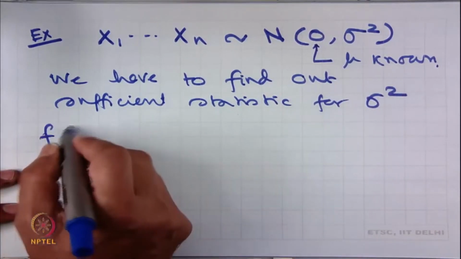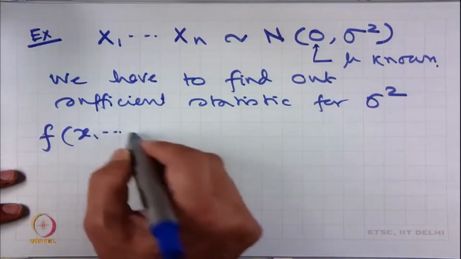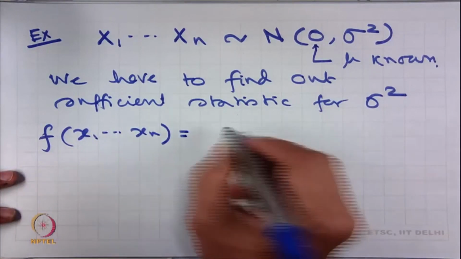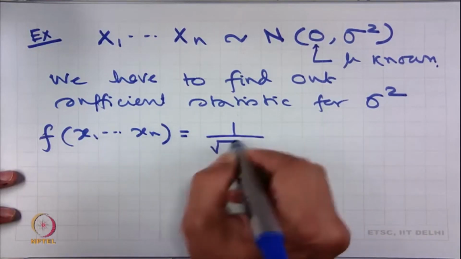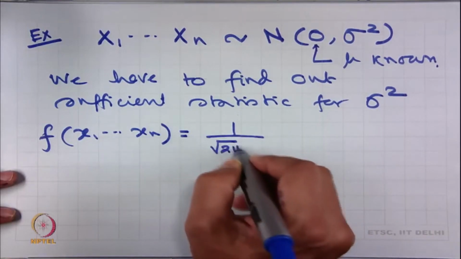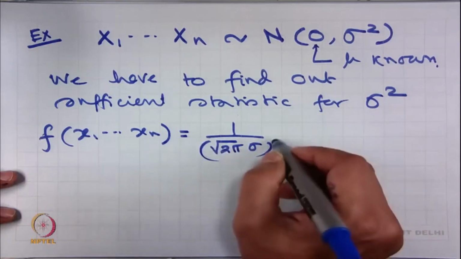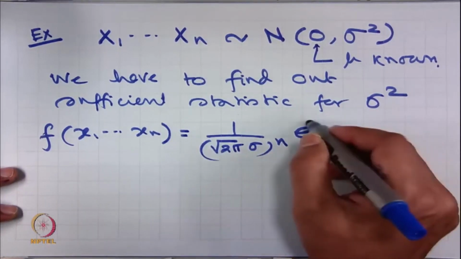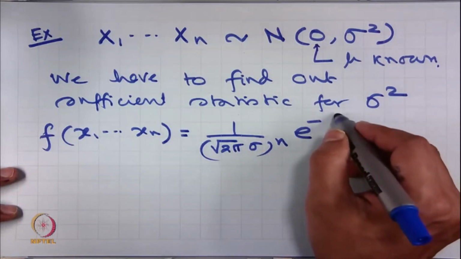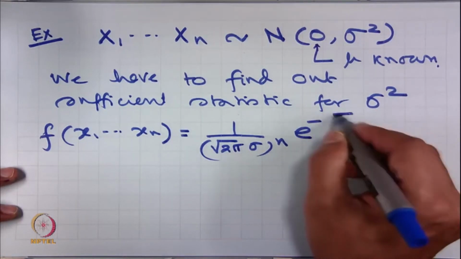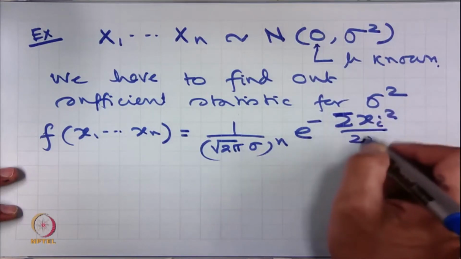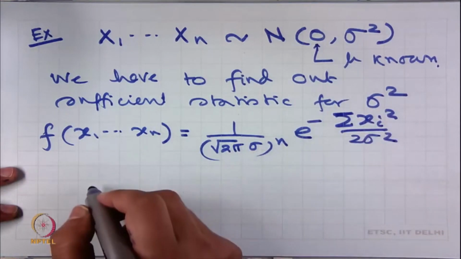Now, f of x1 to xn is equal to 1 over root over 2 pi sigma whole to the power n, e to the power minus summation xi square upon 2 sigma square.